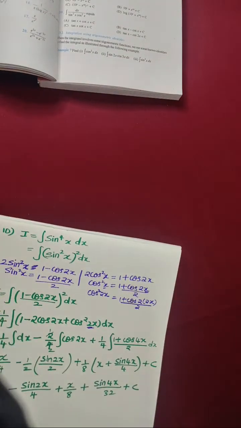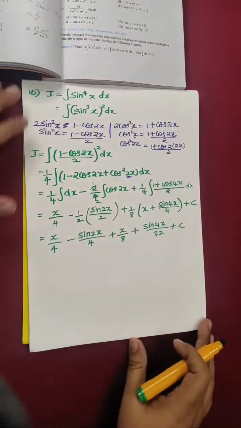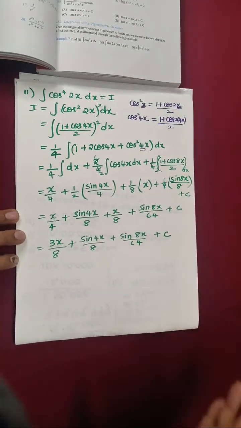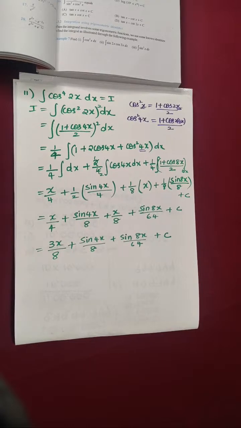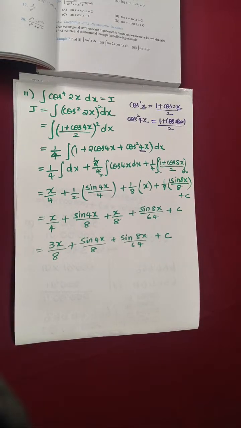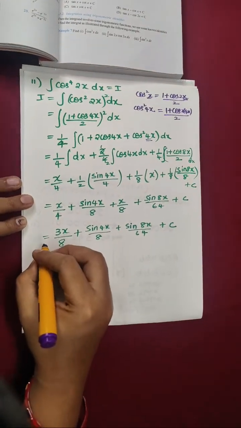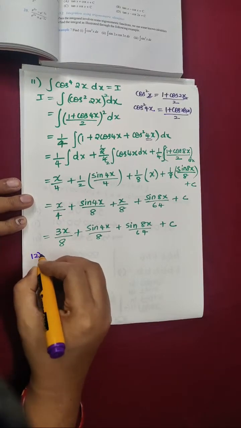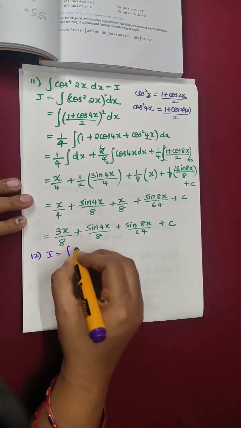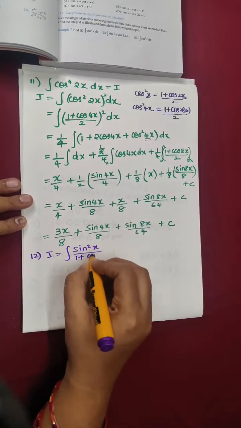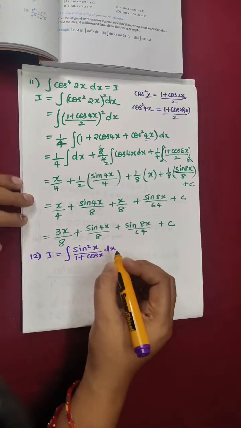Next, question number 12. I equal to integral sine square x by 1 plus cos x dx.